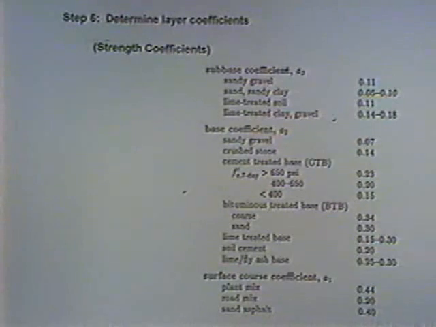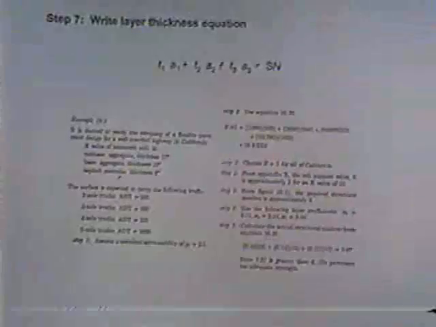The numbers to the far right are your strength coefficients for different types of materials you might use in building the pavement. So we pick the material, and once we pick the material and get the appropriate number from that preceding page, we would write our layer thickness equation. The T's that you see in this equation are the thicknesses in inches of the different layers in the pavement.